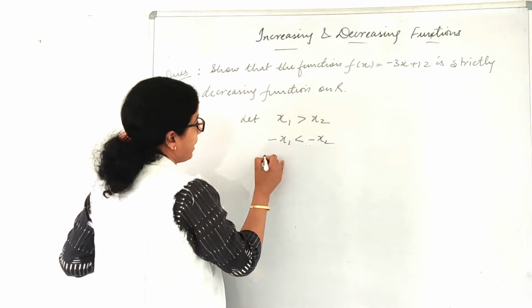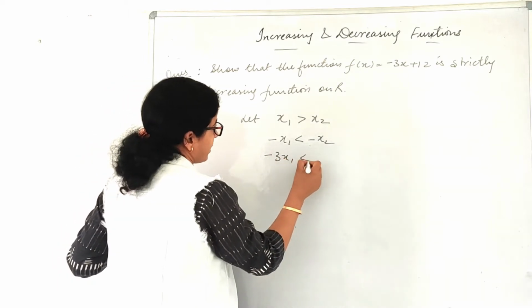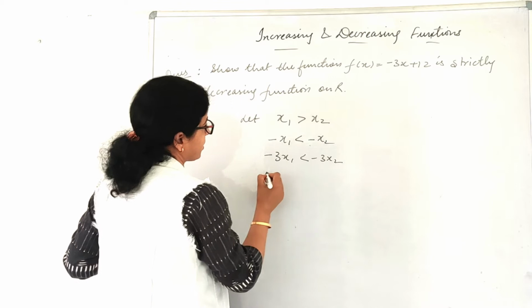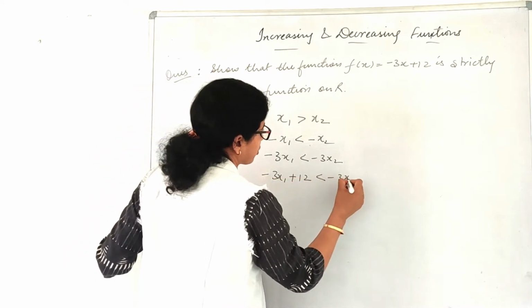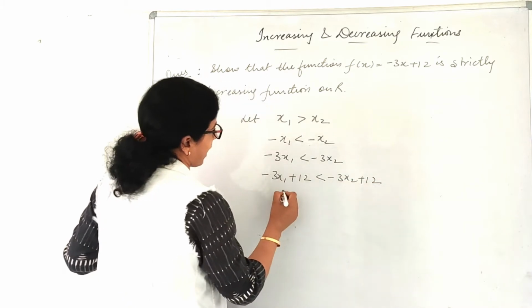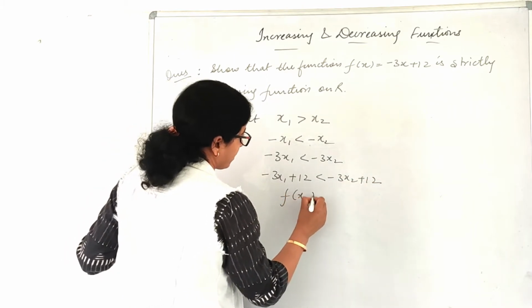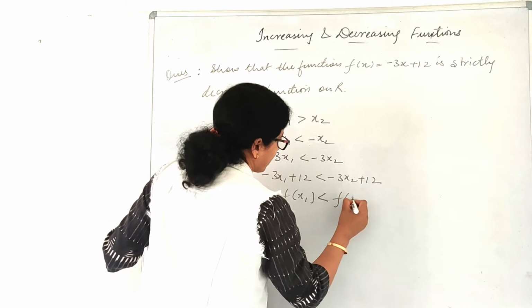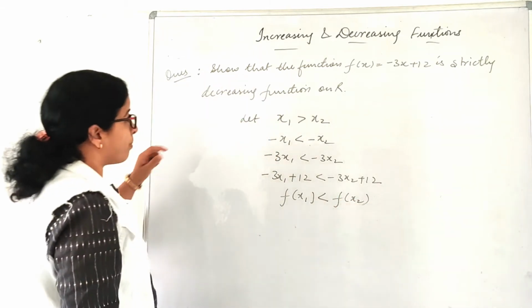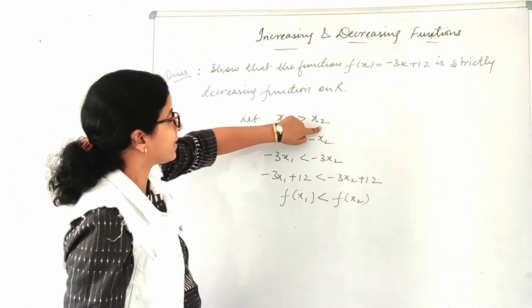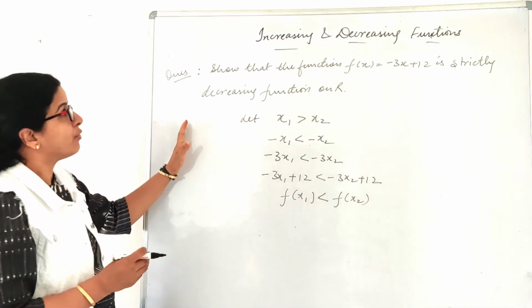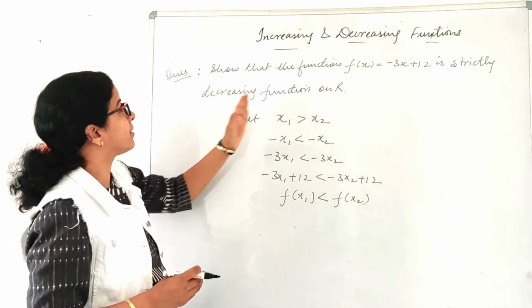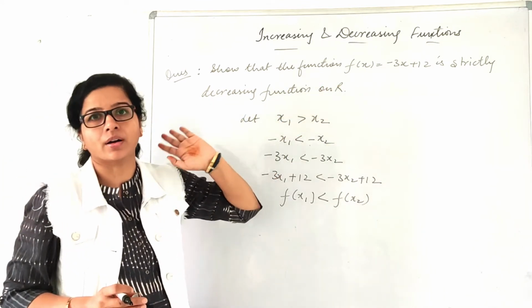What does that imply? -3x1 will be less than -3x2. -3x1 + 12 will be less than -3x2 + 12. And this is f(x1) less than f(x2). So my x1 is greater than x2, but f(x1) is less than f(x2). Hence, the function is a strictly decreasing function on R.